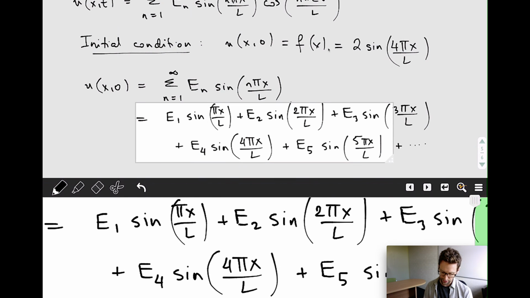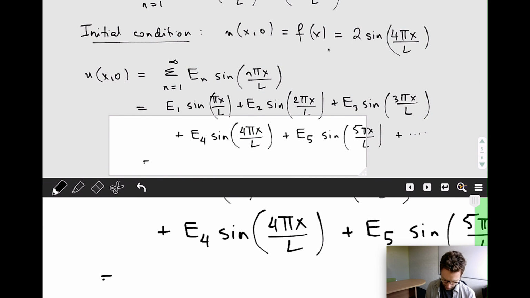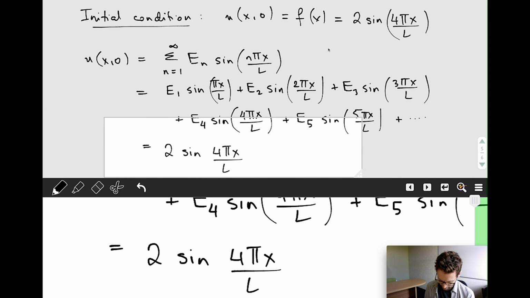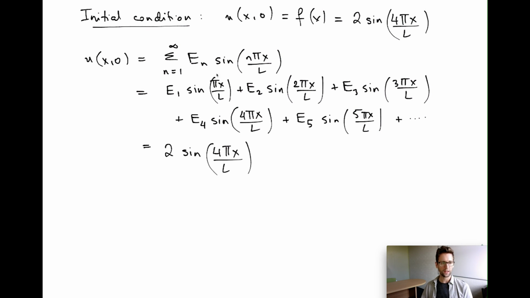Now I know that this expression has to be equal to the initial condition at time t equal to 0. So that was given by 2 sine(4 pi x / L). So you see that I have an expression here on the left that involves lots of different sines, an expression on the right that involves only one of the sines. So now I can start matching up coefficients.